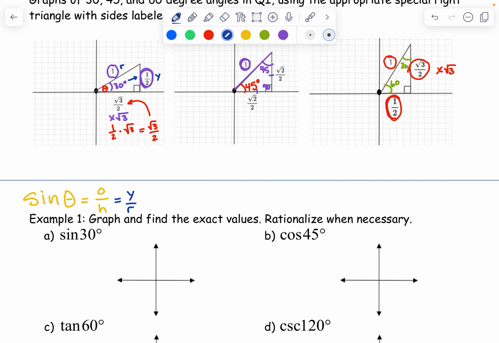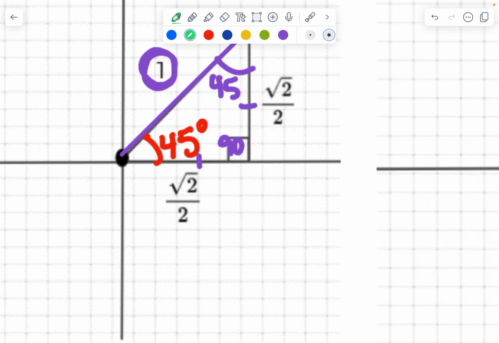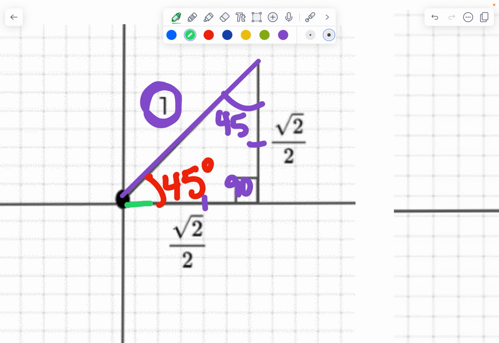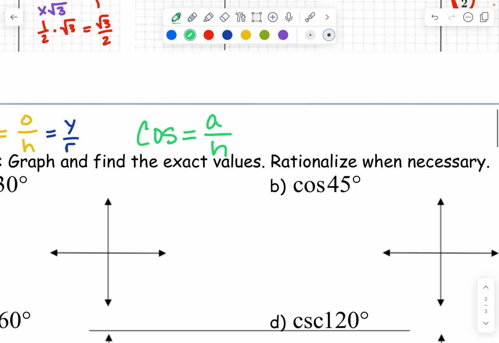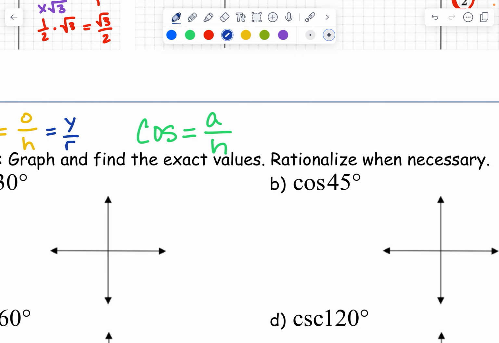And then for cosine, it's adjacent over hypotenuse. But again, if we zoom in on any one of these, the adjacent side is our x, and our hypotenuse is r. So we would say that it is x over r.